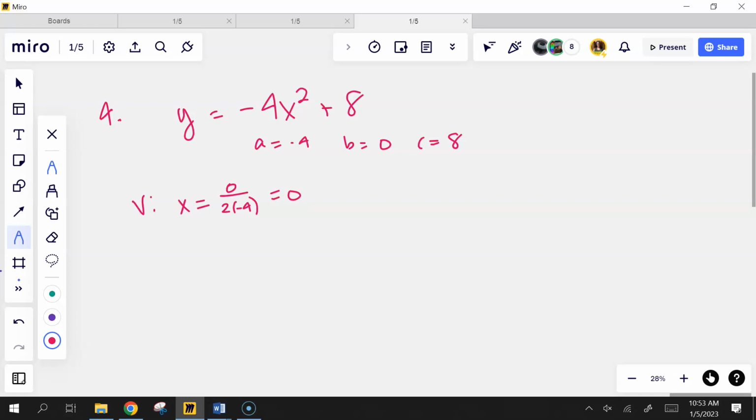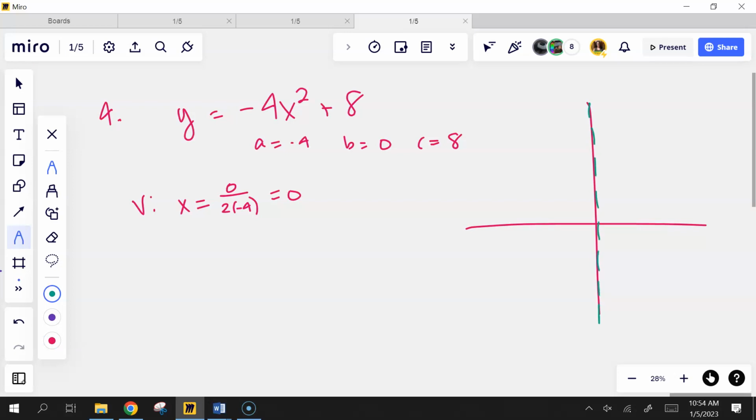So you can never divide by 0, but you can divide 0 by something, and it just gives you 0. All right, so that gives me not my vertex fully, but my, what's it called? Line of symmetry or axis of symmetry. All right, so axis of symmetry is actually the y-axis on its own.